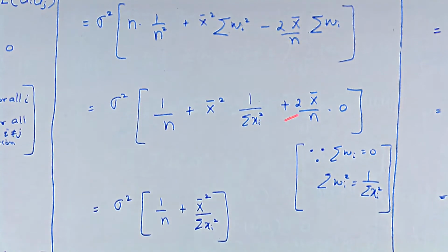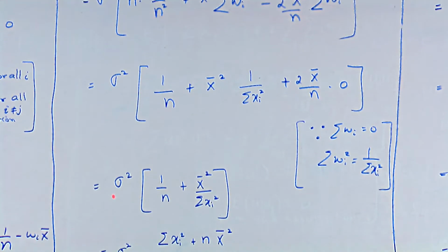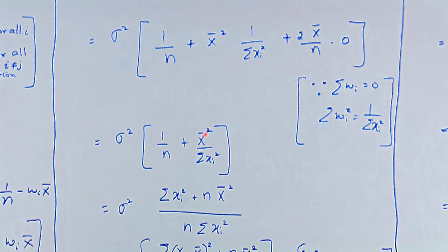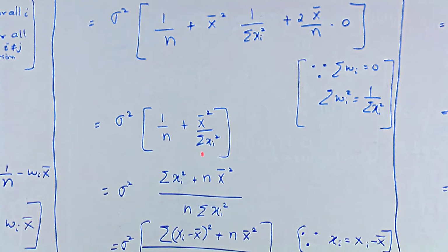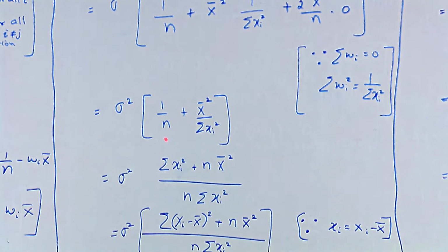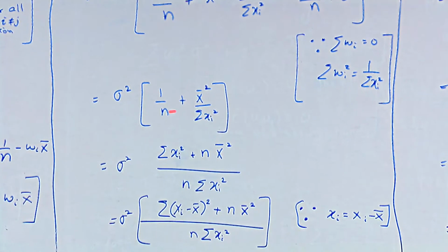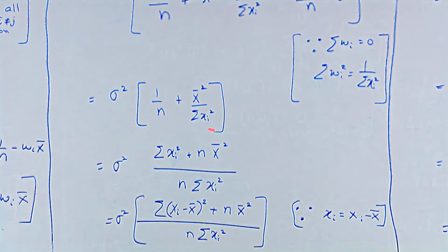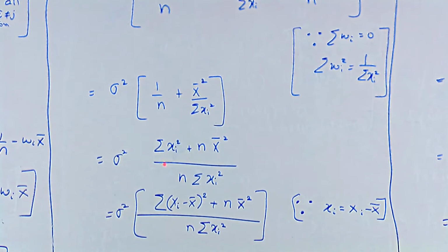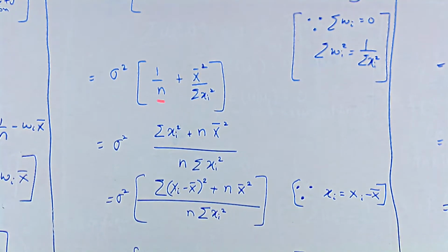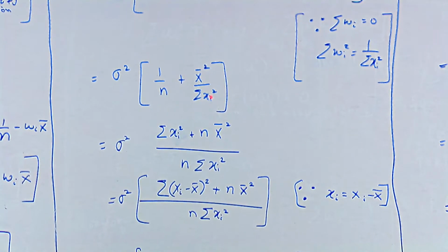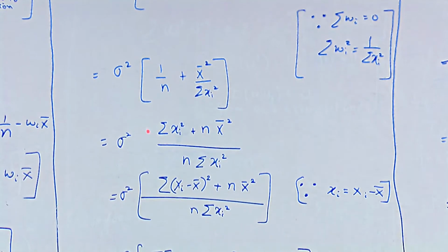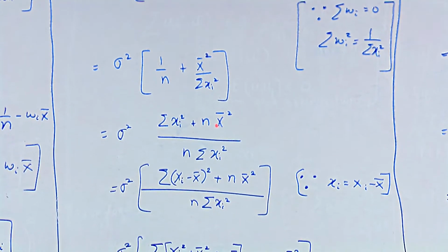So we may reduce it in the next line, sigma square into 1 by n plus x bar square divided by sigma xi square. So now we may further take an LCM of these two denominators, and we get this expression, right? Actually, this n sigma xi square is taken as the LCM, and so we get sigma xi square plus n x bar whole square.